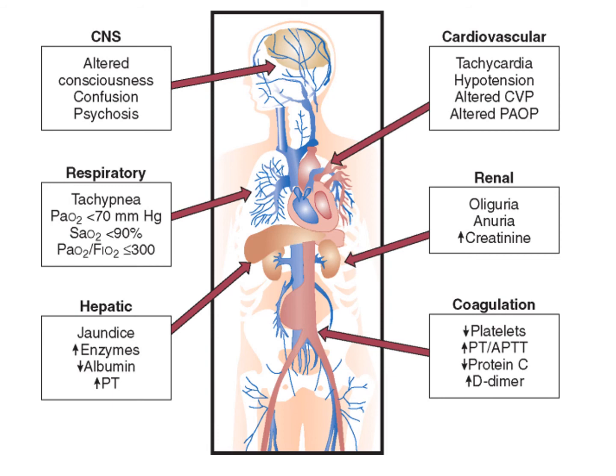Don't worry about the PAOP. Renal, oliguria, anuria, and increased creatinine. Along with the increased creatinine, we also see a decreased GFR. Coags and coagulation, we see decreased platelets, increased coag studies, decreased protein C, and increase in the D-dimer.